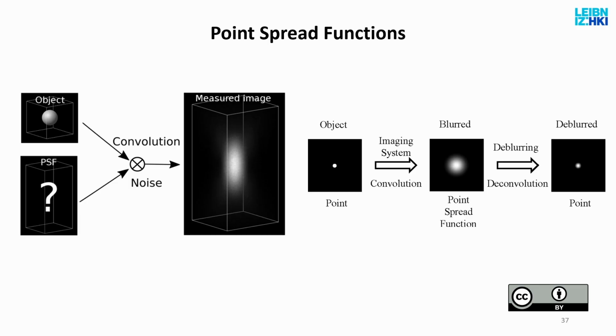So for this one, I have to be able to characterize the optical performance of my microscope. And this means, for example, the need to know the shape of the Airy pattern that we talked about. What sort of an image is formed by the microscope when I put a sub-resolution, very small object in the microscope? And this can be described with a simple function called the point spread function, PSF.